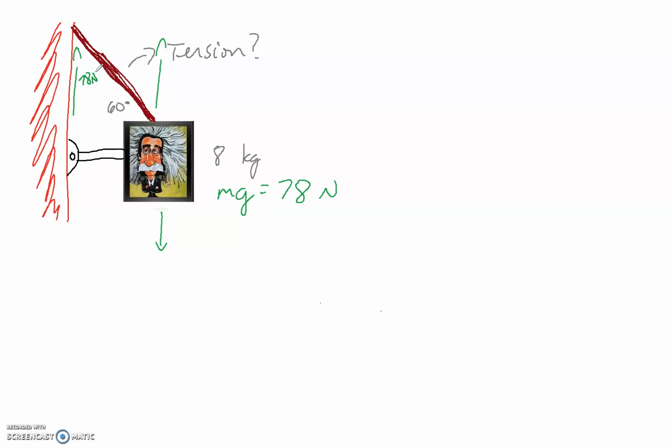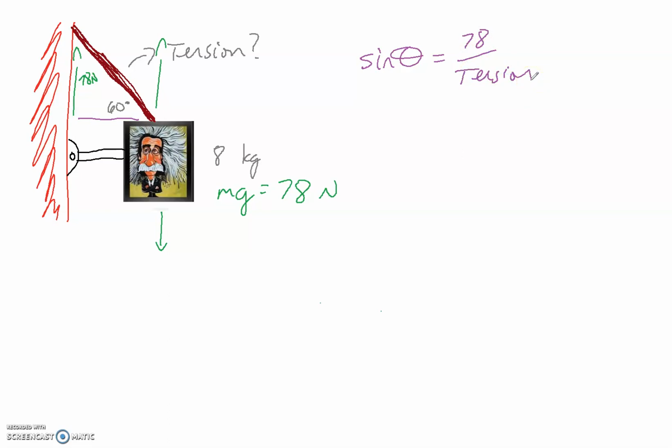Well, this is just a right triangle. That's all this is. So I've got the sideways part right there. There's my triangle. It's a triangle with a 60-degree angle, and the opposite is 78 newtons. So if I just use basic sine theta, sine of the angle, I would have the 78 as the opposite, and then the tension, of course, is the hypotenuse.